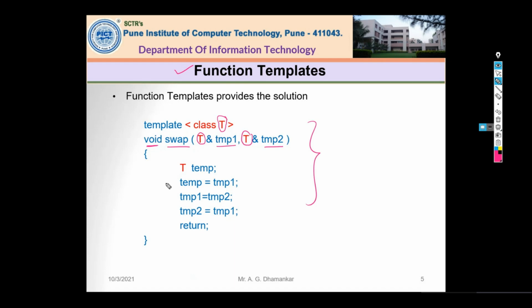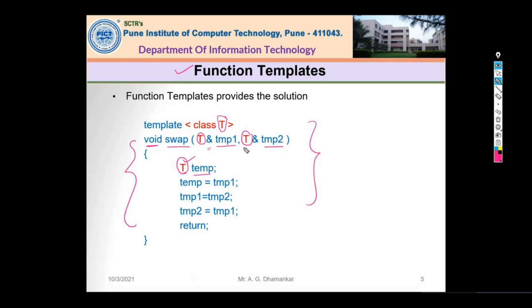So how do we write these function templates? This is the normal function. This is the normal function body. And here we have defined one type. Temporary is a variable of type T. So this type T will be replaced at runtime.